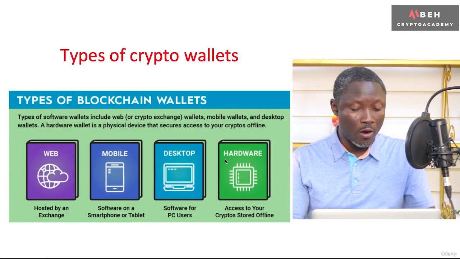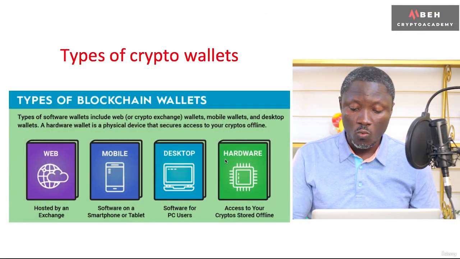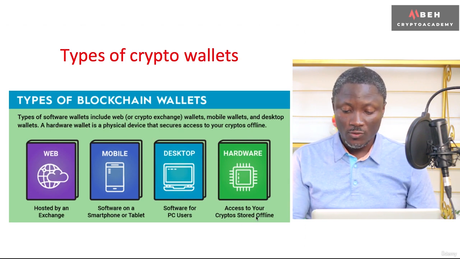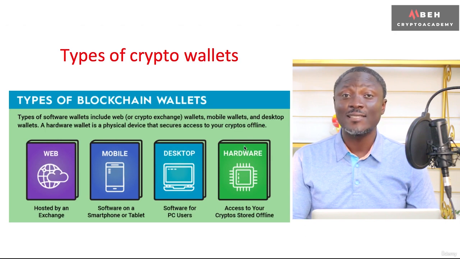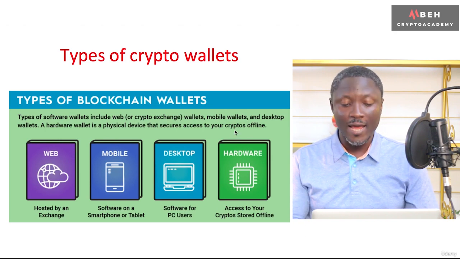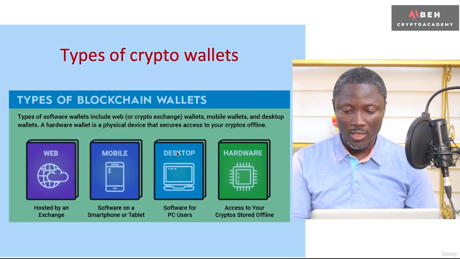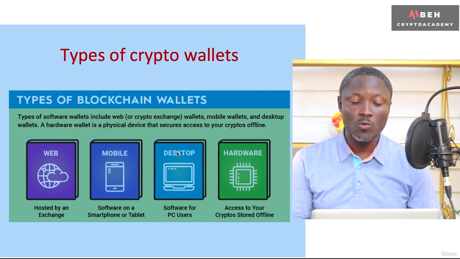And then the last type of crypto wallet gives you access to your crypto stored offline. You can have access to some of your cryptos stored offline, and this is usually in a kind of key like this. Do you see this? It is offline, and once you have this, you can store your money inside, and this is known as a hardware wallet.